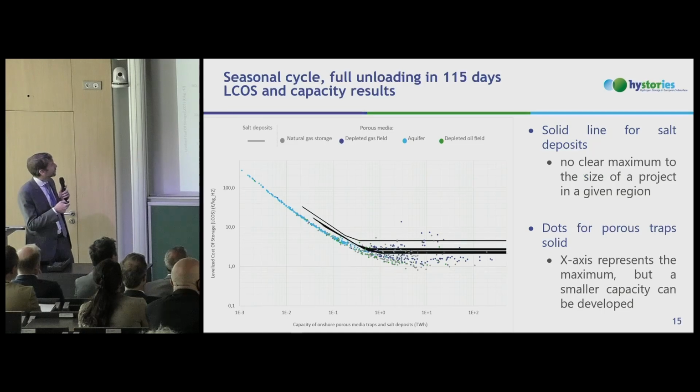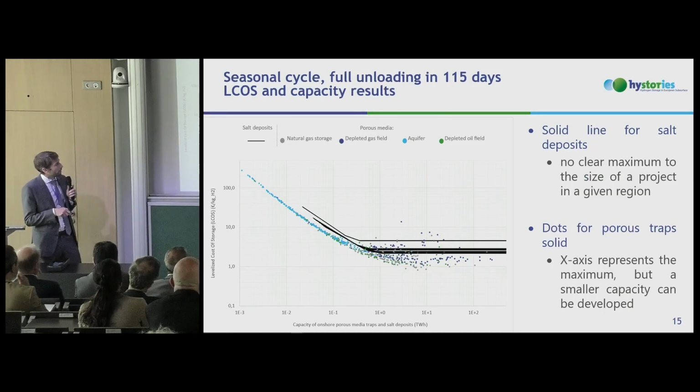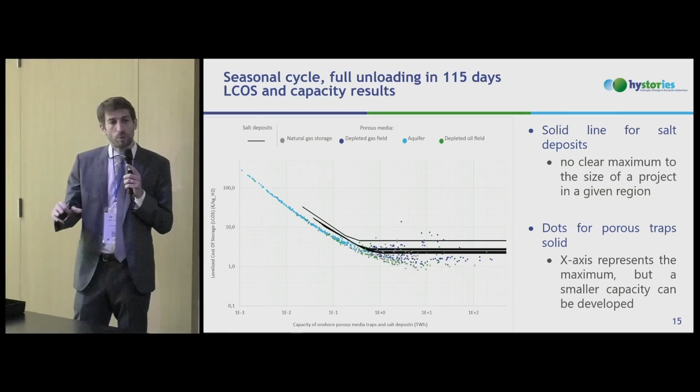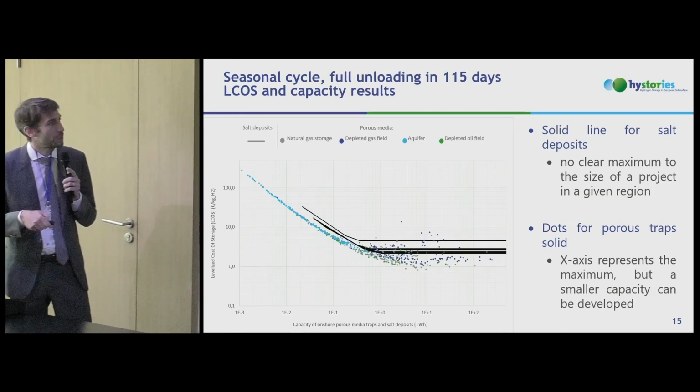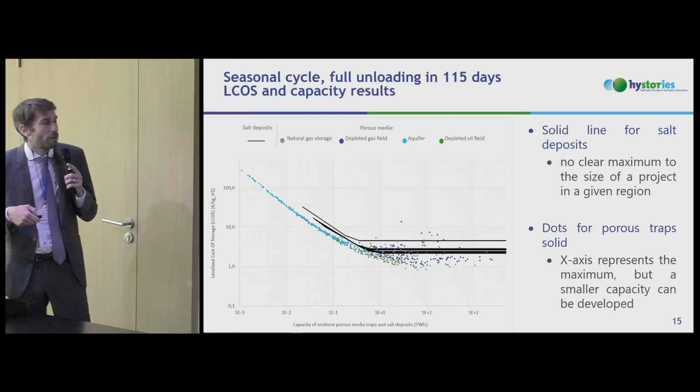So this is for seasonal cycle again. Each point here is the maximum capacity of the trap as computed, a high-level estimation. You can imagine developing it at a lower level. You don't necessarily have to reach this point. For salt caverns, we have kind of a maximum value.